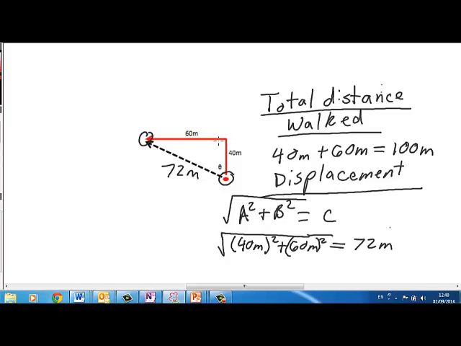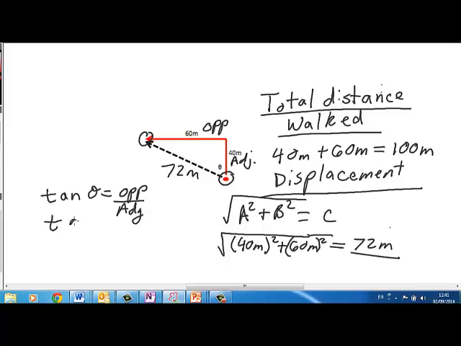Good. Now, because this is displacement, I need both magnitude, 72 meters, and a direction. In order to find the direction, we can use our trigonometric functions. I'm going to use a tan function because I have the opposite and the adjacent side lengths given to me by the problem. So tan of the angle I'm trying to find is equal to opposite over adjacent.